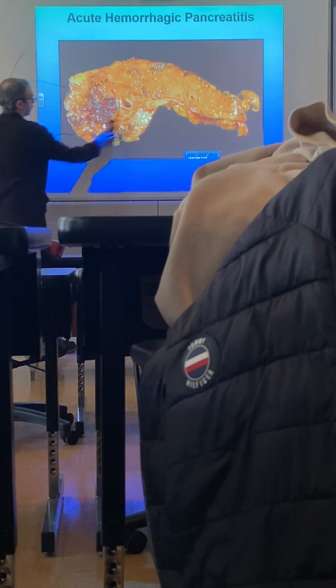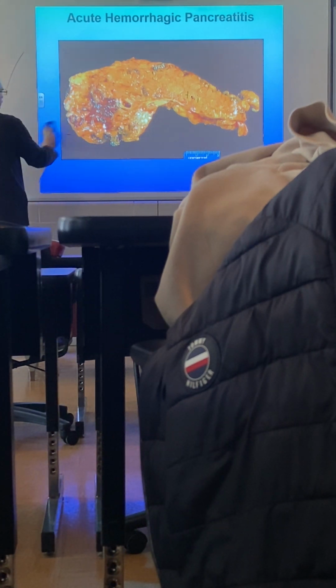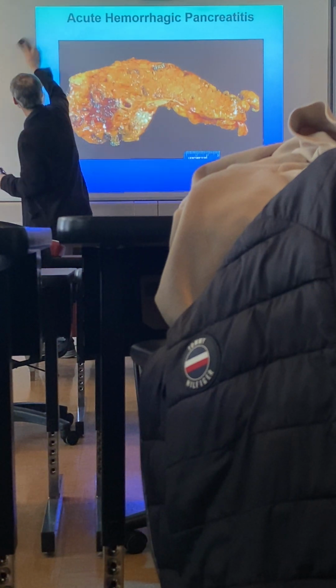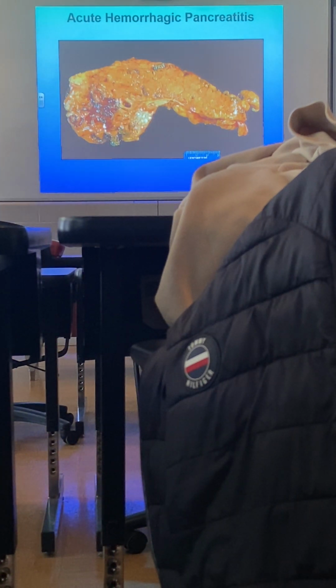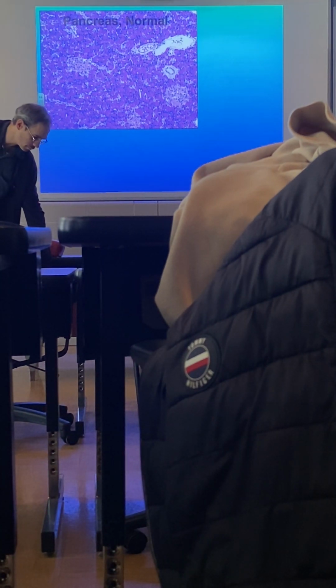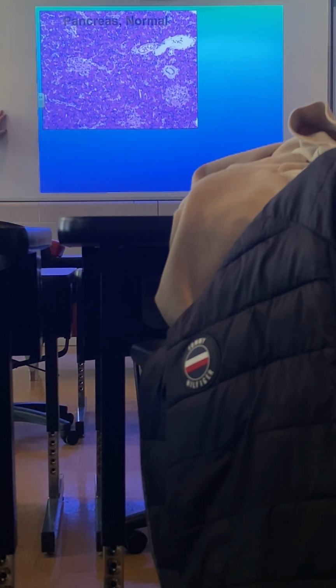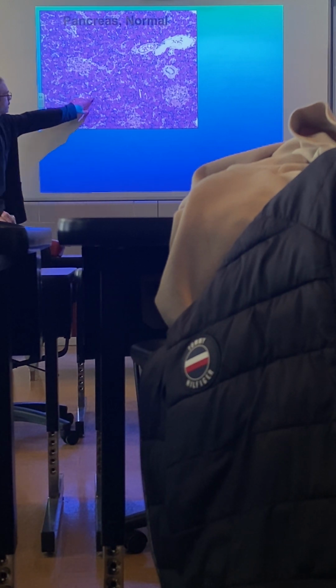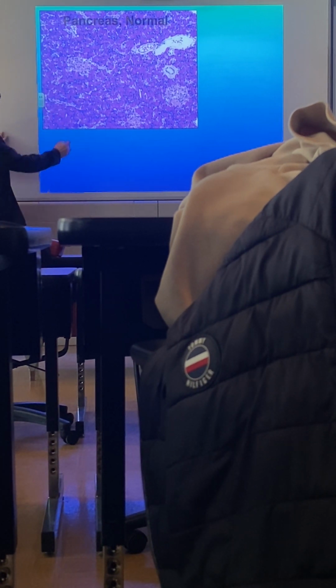Let's take a look at the micro. Let's first take a look at normal. This is a section through normal pancreas, stained with H&E. You can see the two components. You can see the acinar component, the exocrine component here, consisting of acinar cells. These are all the cells that are going to make the digestive enzymes.